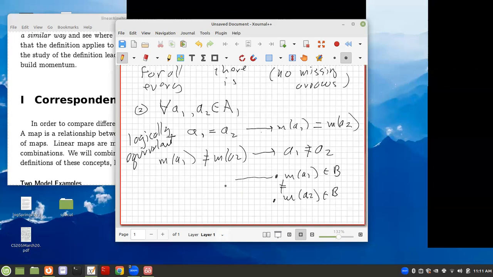They have to come from A1 not being equal to A2. So this is the situation that has to occur. If this is true, then this is true. This one starts the other way around. It says if it turns out that these two are the same, you can't have these be different. They have to be the same.